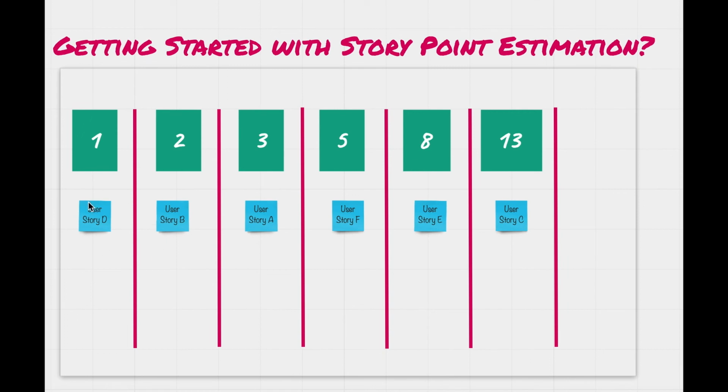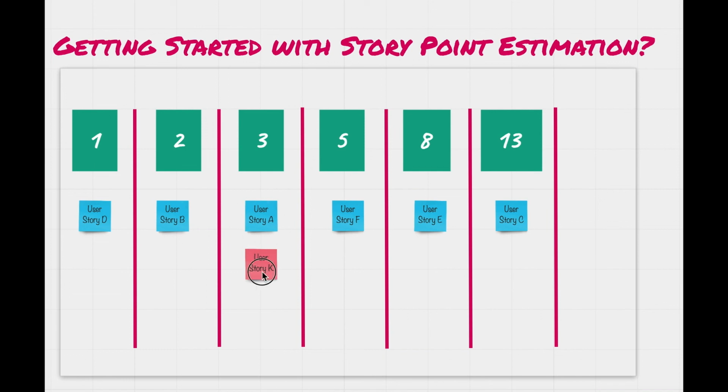So let's assume there is another user story K. You just compare with user story B, A, whichever user story you think matches. Let's assume in this case, user story K is the same amount of effort that it took for user story A. So we just put that this is 3 story points.